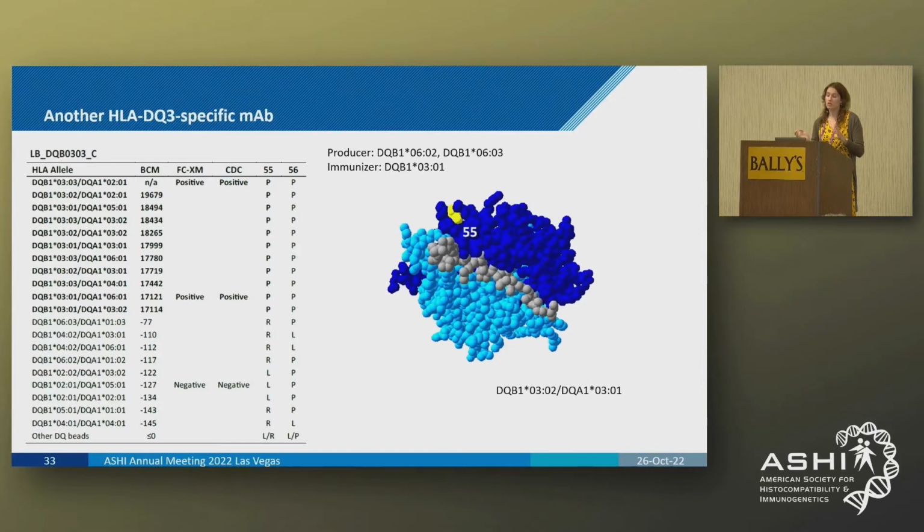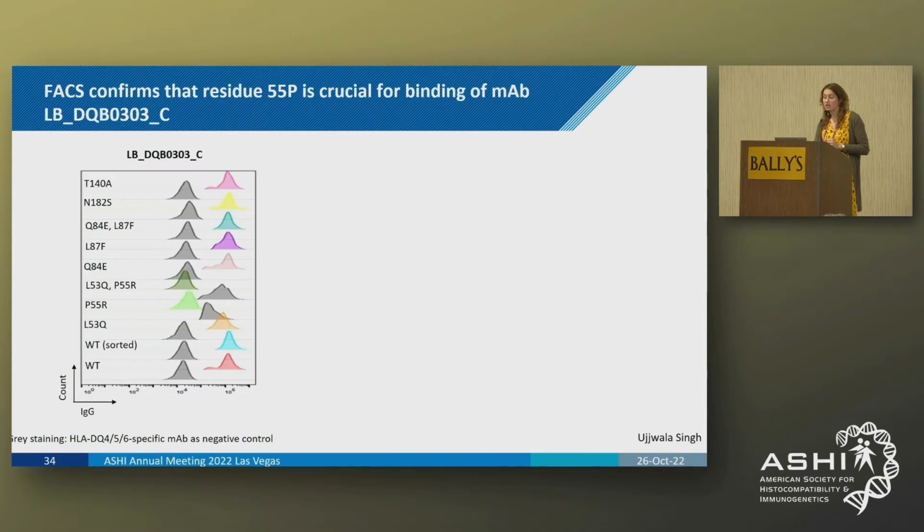And since we had already the mutation on position 55, we would like to confirm this with this study. So when we test this monoclonal antibody against different mutants, you can see that indeed when position 55 is mutated, from a P to an R in light green here, there's no binding anymore.